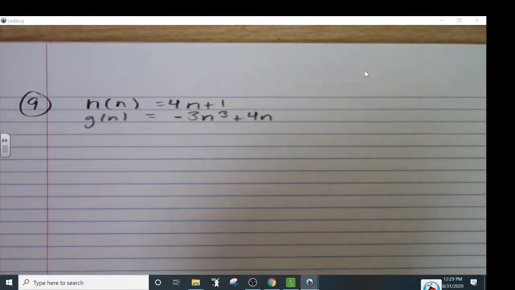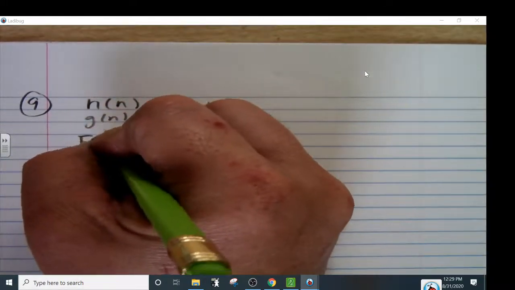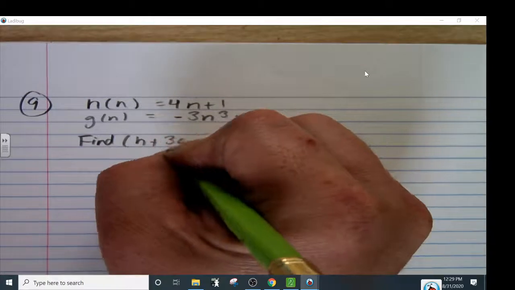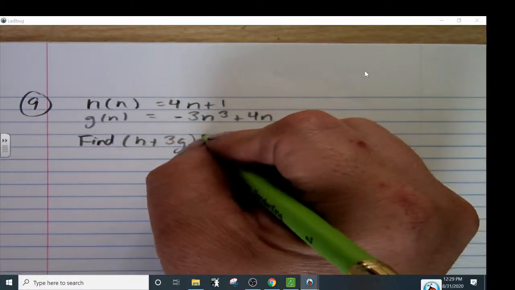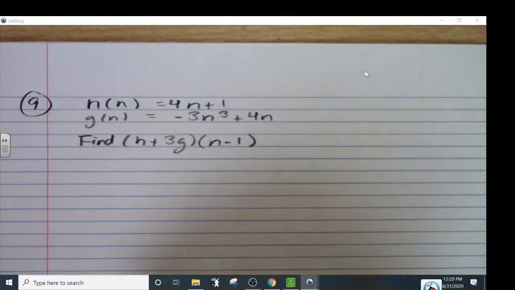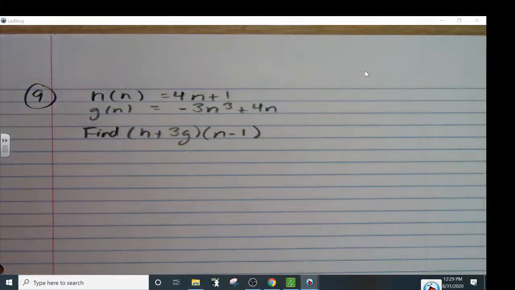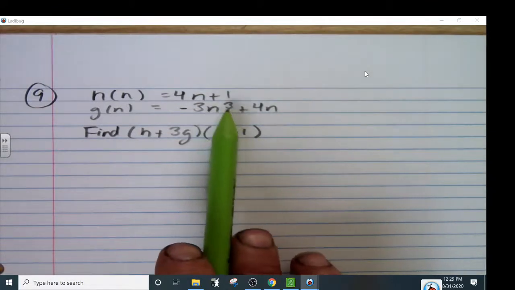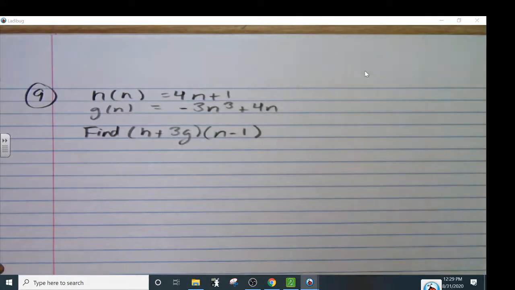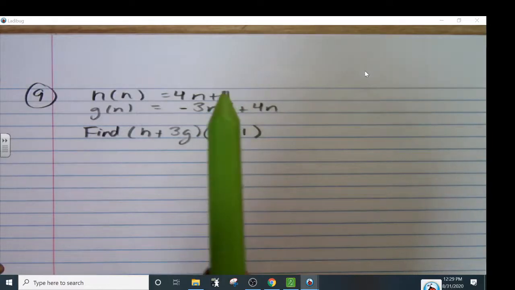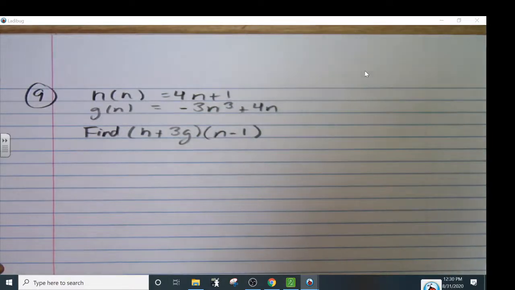And then it wants you to find H plus 3G, and it wants you to substitute n minus 1 in for the input value. What makes this one difficult is you've got a binomial here, and then you got to cube it up here. So what's going to make this difficult is the fact that this is a binomial and that is cubed. That's what makes it kind of get interesting.